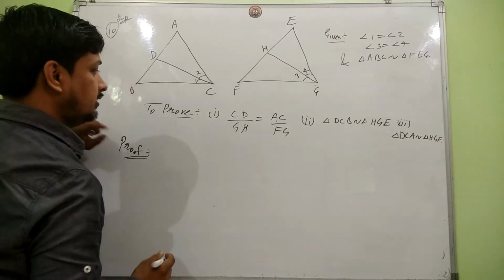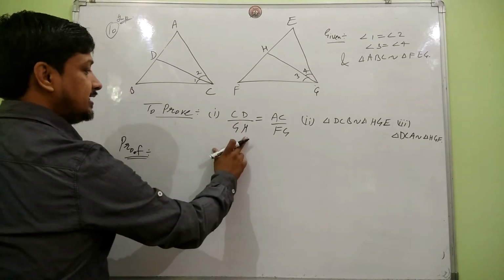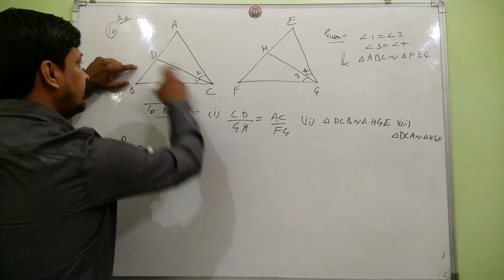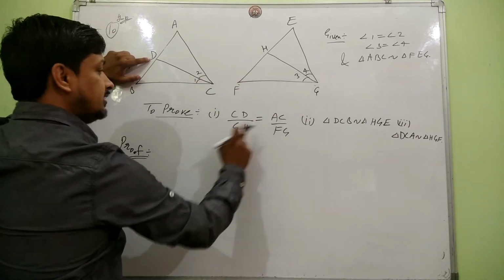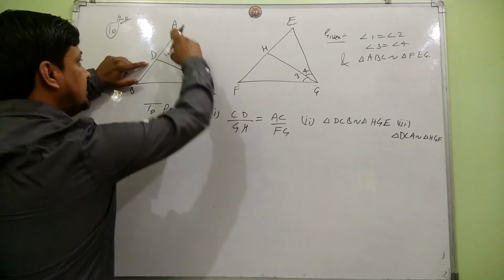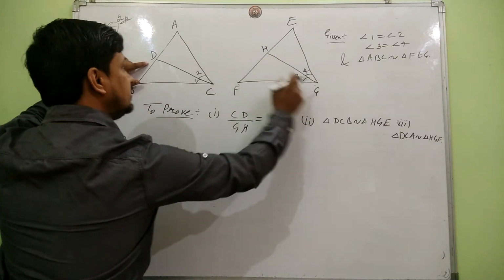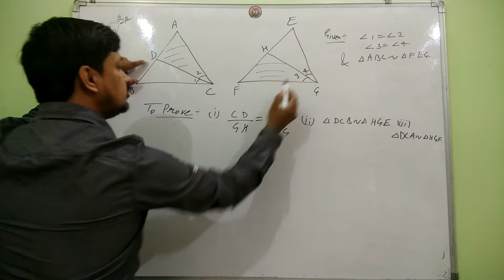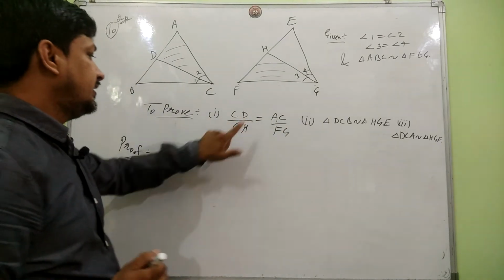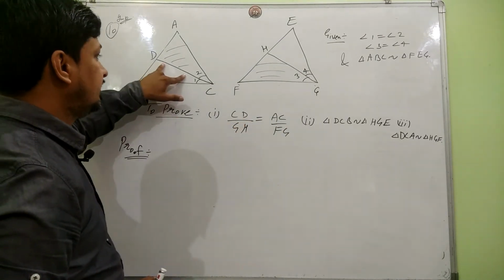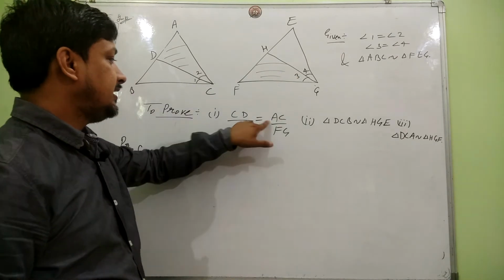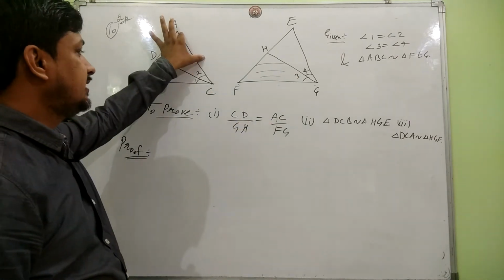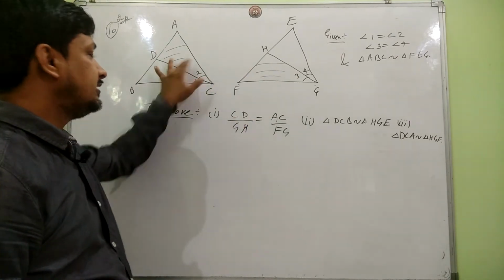First of all, see CD upon GH and AC upon FG. These sides come in these two triangles: CD, GH, AC, FG. So we have taken these triangles.